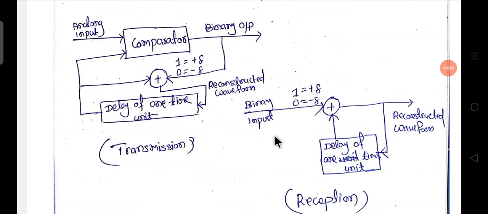On the transmitter side, the analog signal is fed to a comparator, and this is the staircase function.